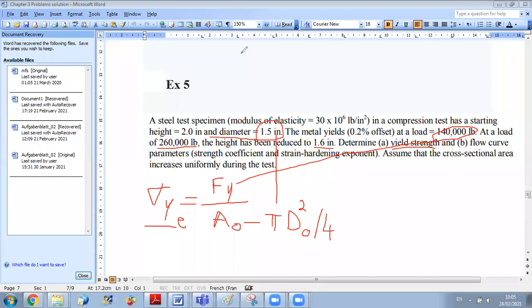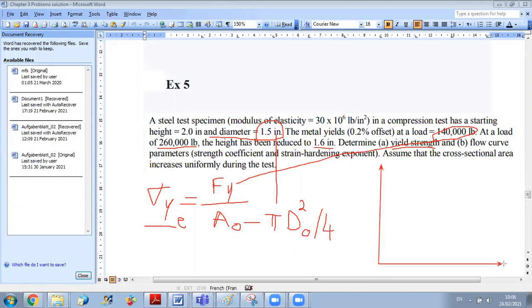The yield point can be considered as a point in the strain hardening zone because it is the transition point. It will verify the equation of the elastic region, but it will also verify the equation of the strain hardening region because it is the point of transition.